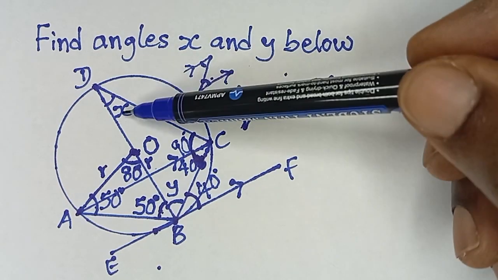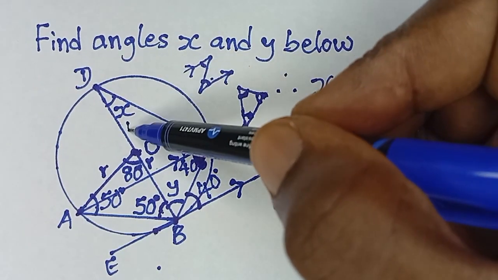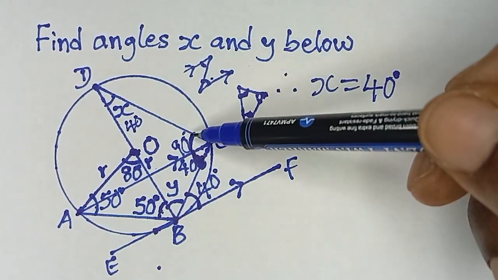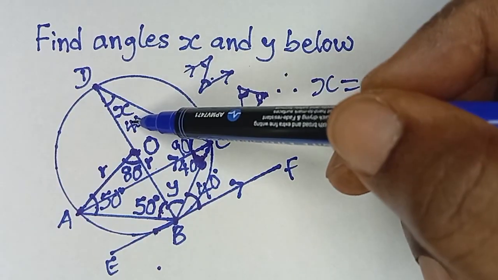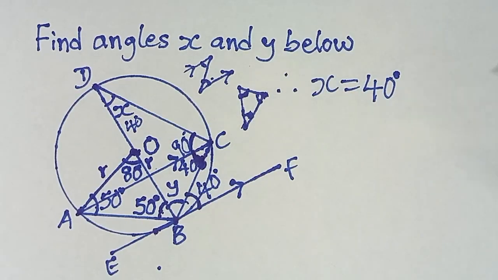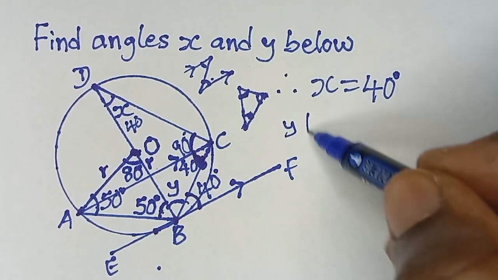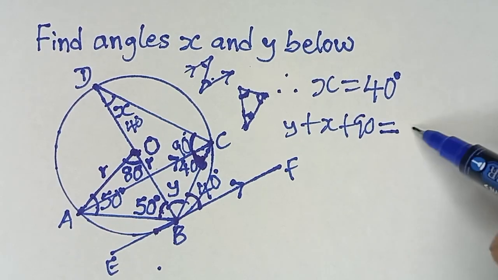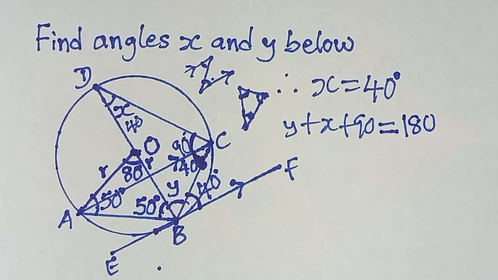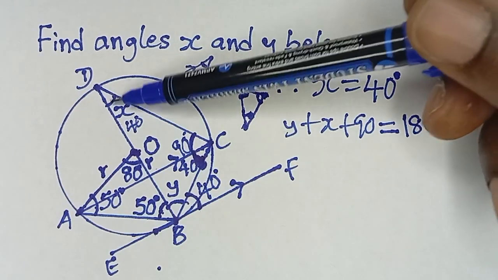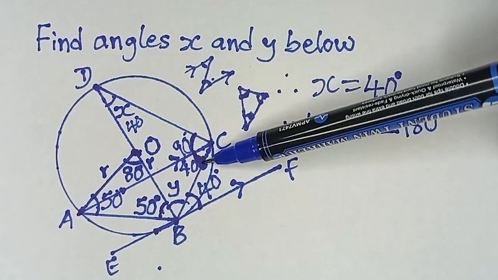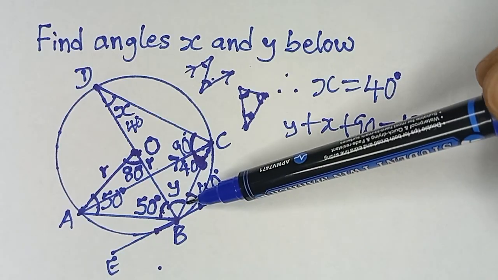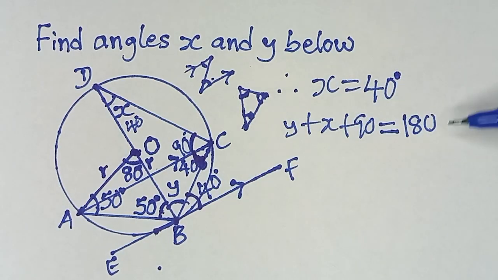So if X is 40, because we have obtained X as 40, and the whole of this angle is 90, to get Y, we simply say Y plus X plus 90, that's the sum of angles in a triangle, is equal to 180 degrees. So the sum of these three angles, X, and then the whole of this place, 90 degrees, and then this Y angle, all together give 180, because sum of angles in a triangle is 180 degrees.